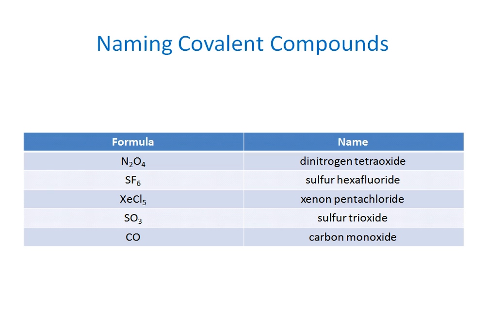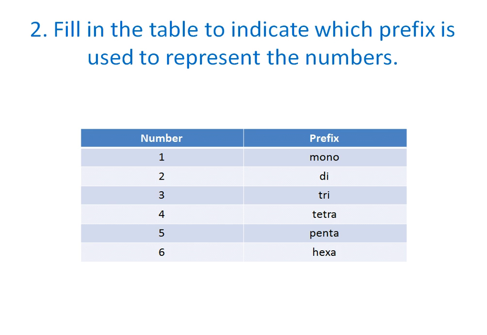So if a part of the name has a subscript of 1, mono will only show up in the second part of the name. Therefore, CO is not called monocarbon monoxide. It is not called monocarbon oxide. It is not called carbon oxide. It is called carbon monoxide.